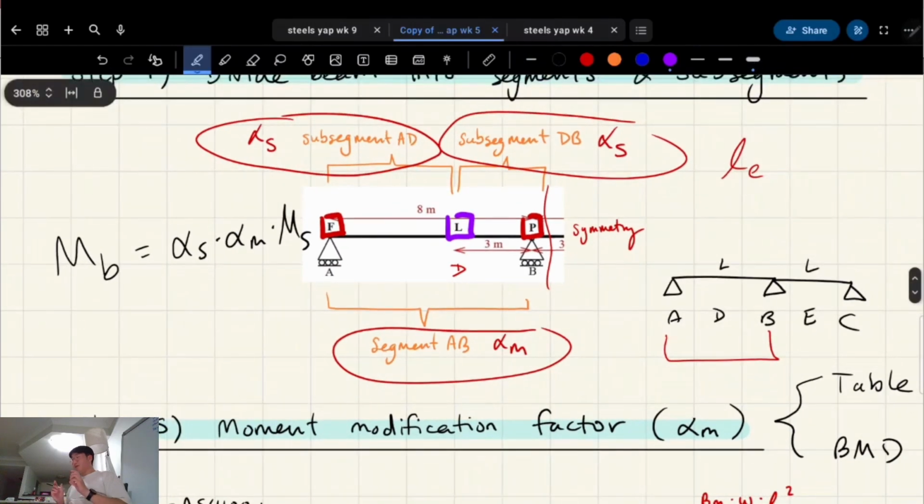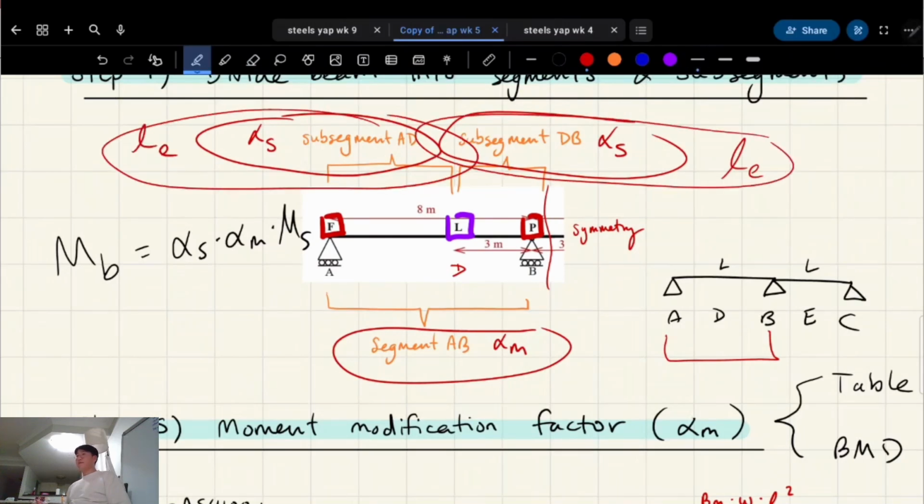You're talking about L_E, right? L_E only cares about the subsegments. Yes, but L_E affects alpha S. So we only end up with 2 alpha S. Because if it's laterally restrained, right?